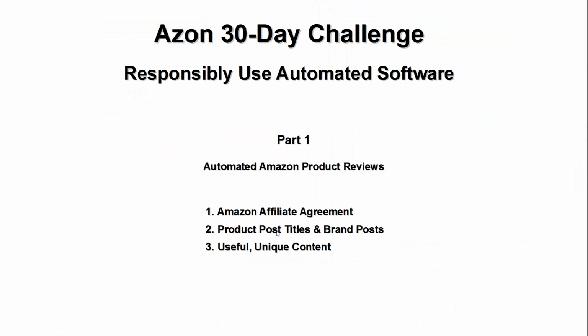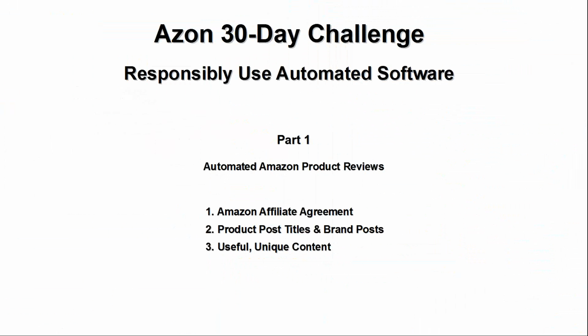Above anything else though, the title is something that I find to be one of the most important aspects to the whole problem of blindly using automated software. Ultimately, your goal in putting up these websites is to get traffic to it and then to convert that traffic into an Amazon sale.